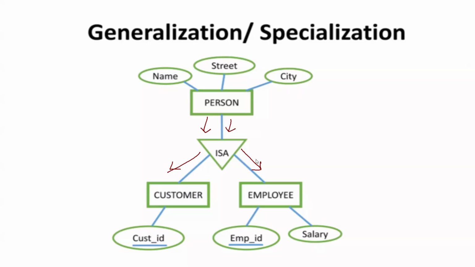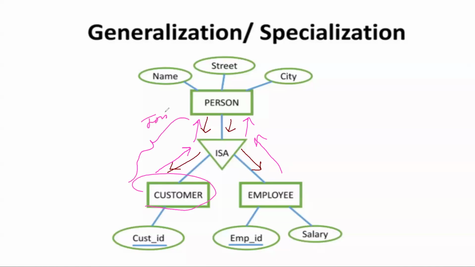All right. Whereas if we go from bottom to top, that is the bottom up approach. That is known as customer is a person or employee is a person, then we are trying to join some lower level entities to a higher level entity. We are grouping it. We are joining it.